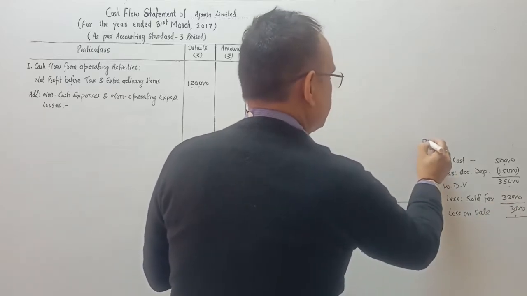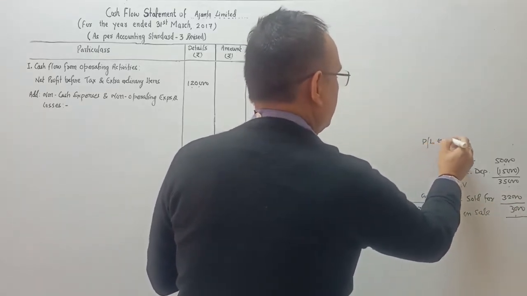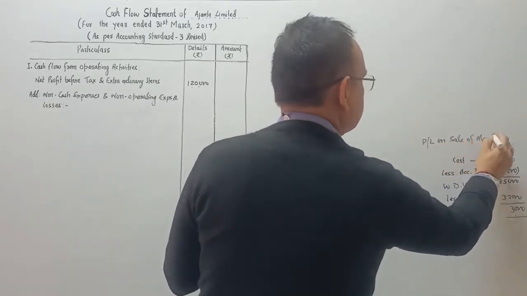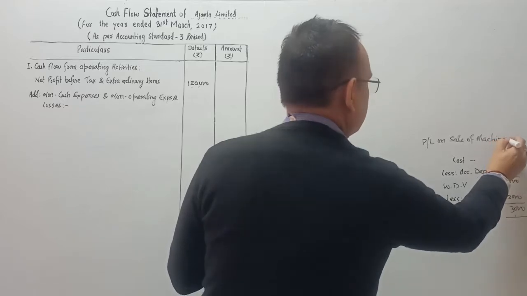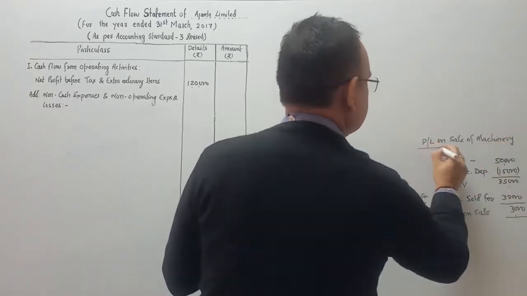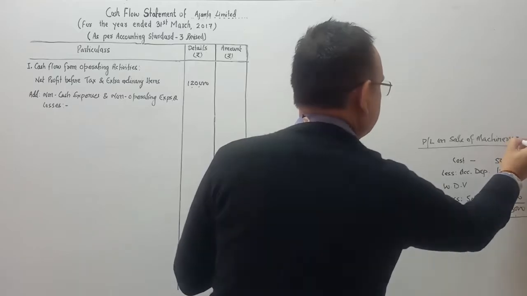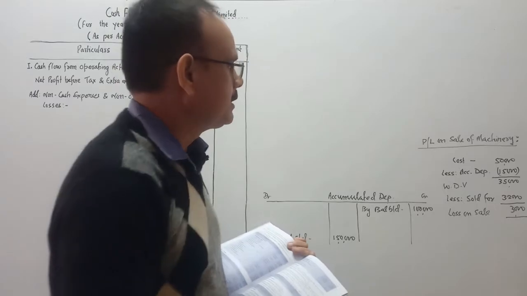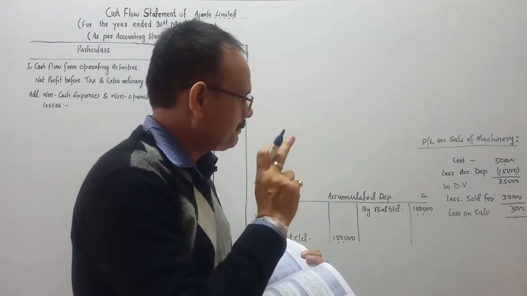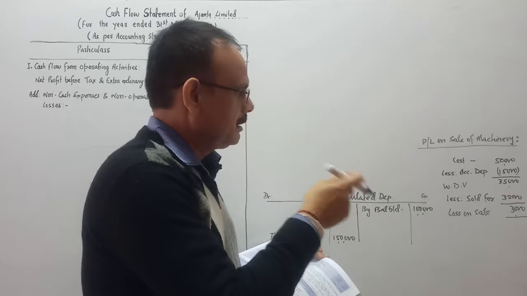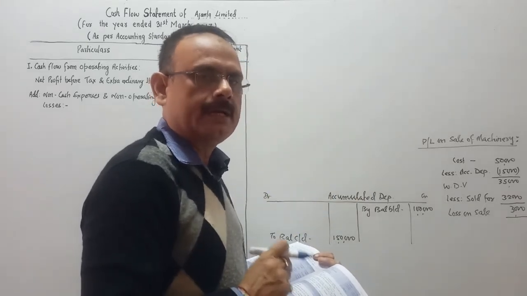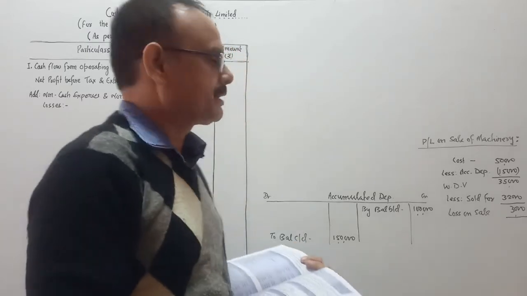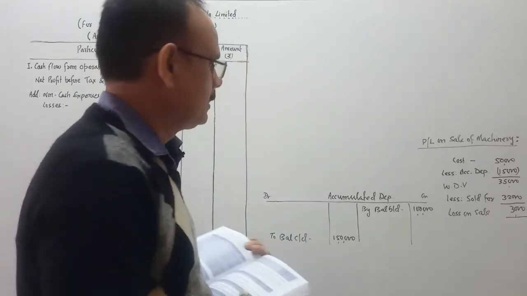So here what we have calculated, profit or loss on sale of machinery. This is the heading. And we have calculated cost of the machine is 50,000, accumulated depreciation is 15, less written down value after deducting the accumulated depreciation from the original cost, that is 35, and this machine is sold at rupees 32, so 3,000 is the loss.